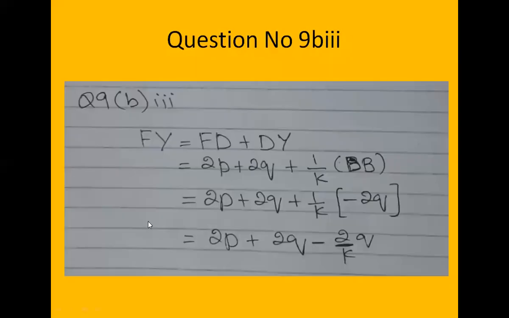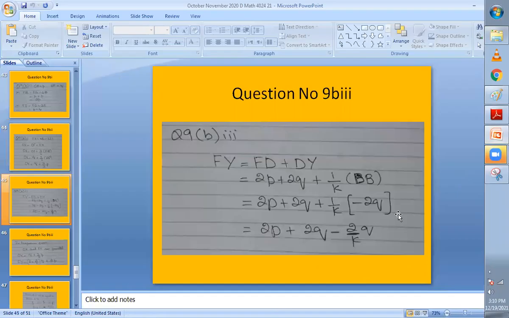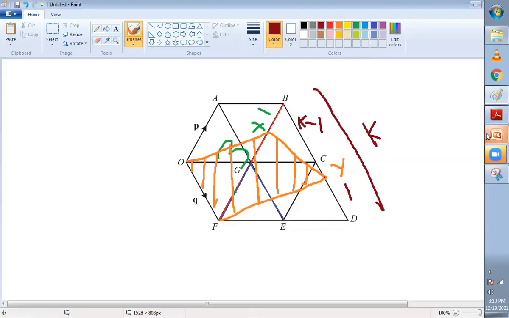Now FY will be FD plus DY. You know FD, this is P plus Q, so FD will be 2P plus 2Q. From F to D, it will be 2P plus 2Q.